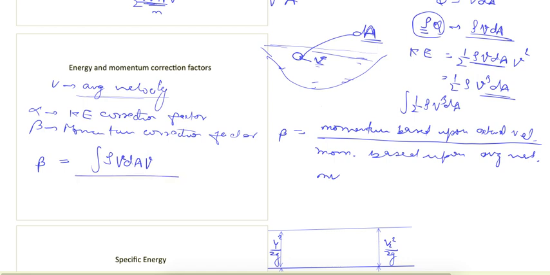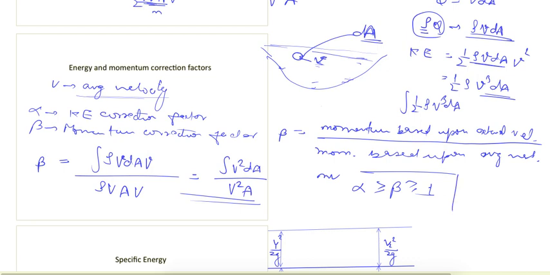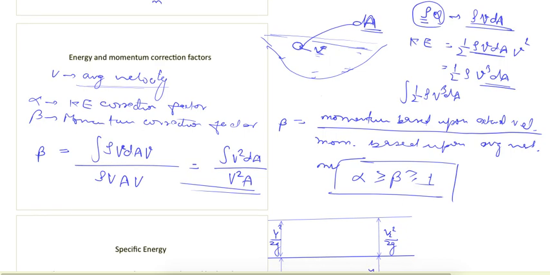This is the momentum based on the actual velocity, and the momentum based on the average velocity will be rho V A into V. So beta can be written as the integration of v square dA divided by V square A. This is it. Both of these factors are greater than 1, and alpha is normally greater than beta.